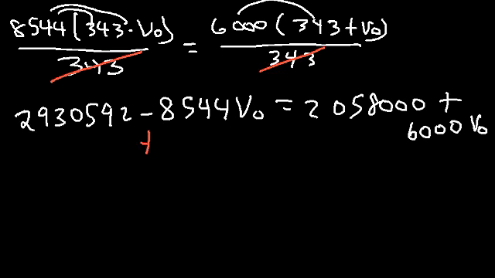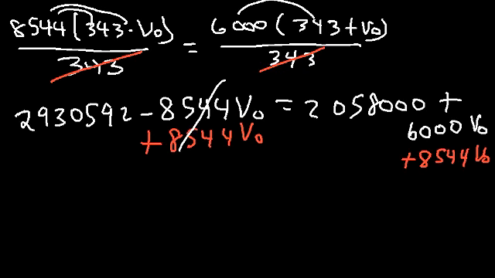So let's add 8544 VO to both sides. And let's subtract 2,058,000 from both sides.